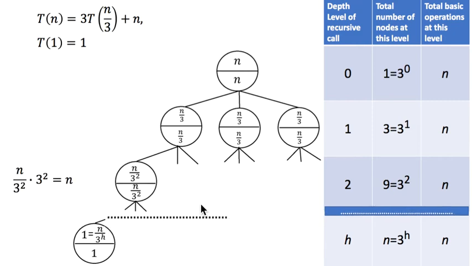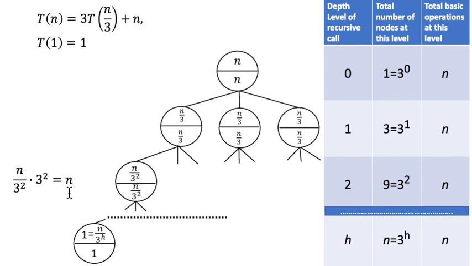At level 2, each node has n over 3 squared operations, and we also have 3 squared nodes at this level. We multiply these two, and we receive n total basic operations at level 2.